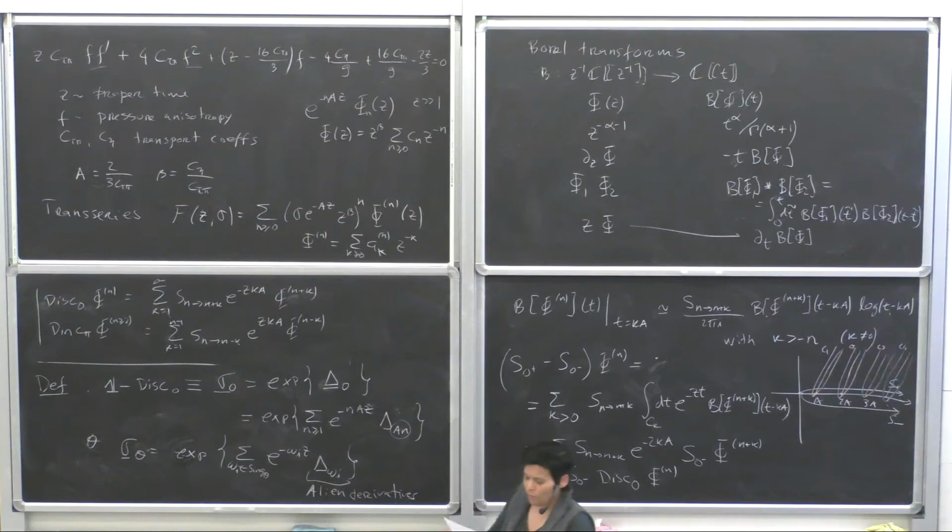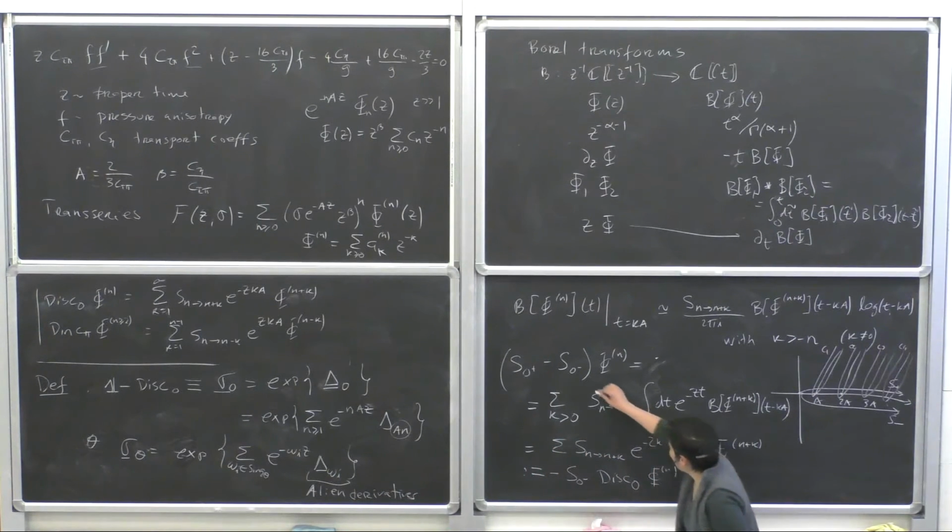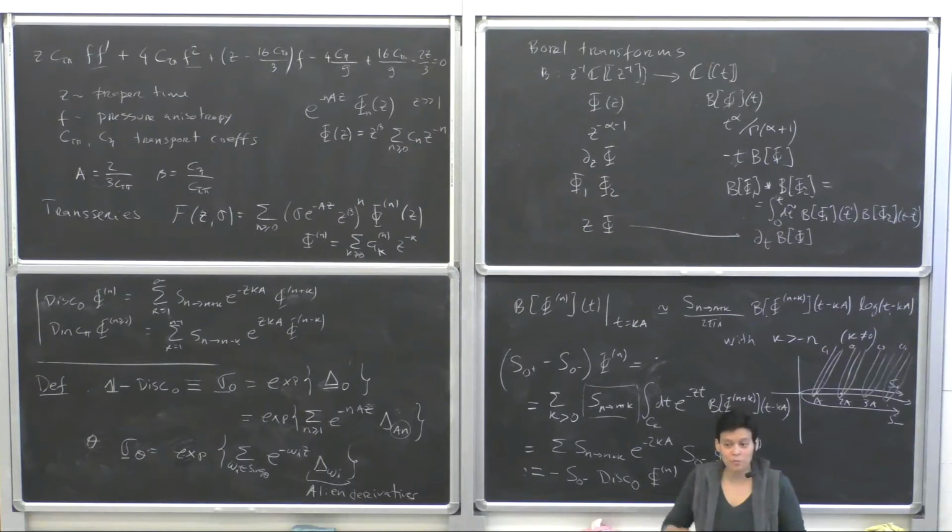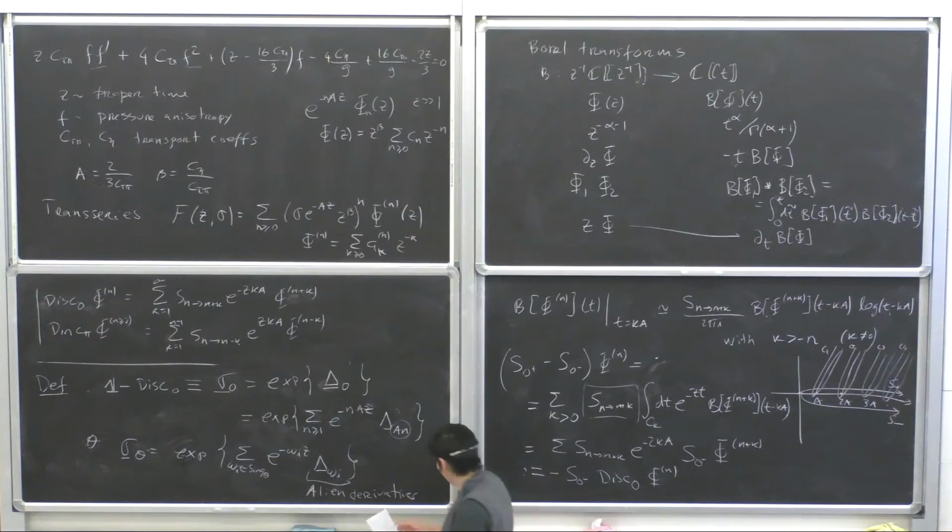Can we now understand what I call the Borel residues from the point of view of the alien derivatives?